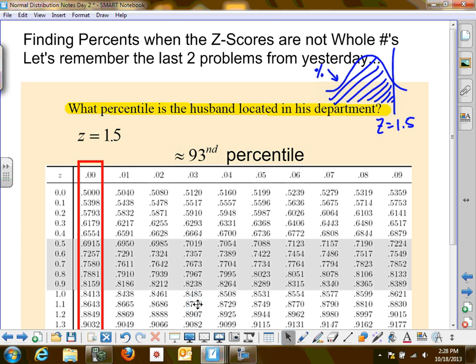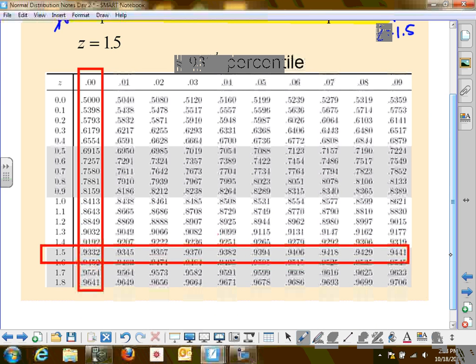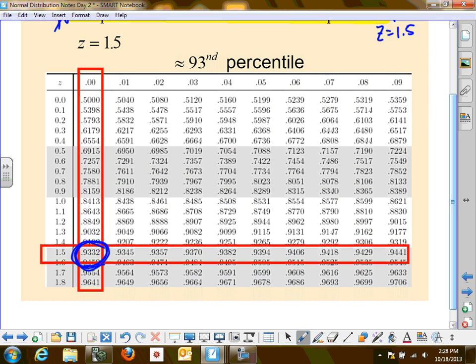let's go to the question that we had posed here. What percentile is the husband located at in his department? So go find the z-score for 1.55. Sorry, it's not 1.55, it's 1.50.